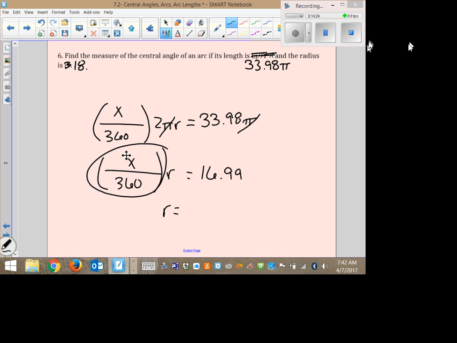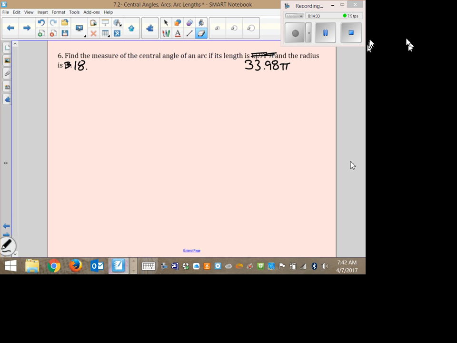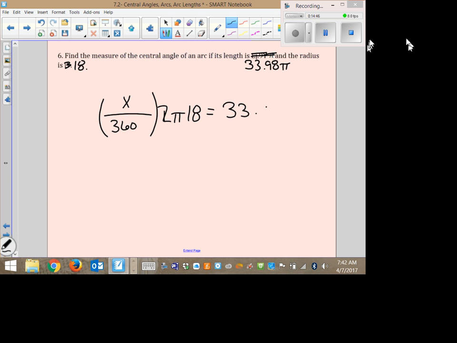So r is going to equal, alright, hang on a second. We forgot to plug in our 18 for our r. So we're going to get x over 360 equals 2 pi 18. And then that's going to equal 33.98 pi.